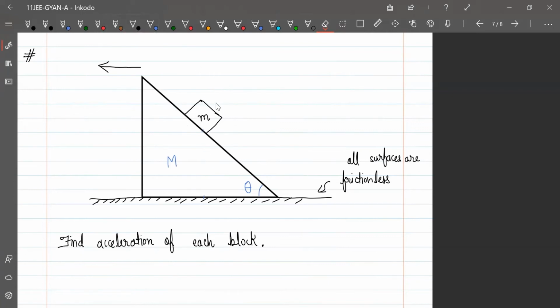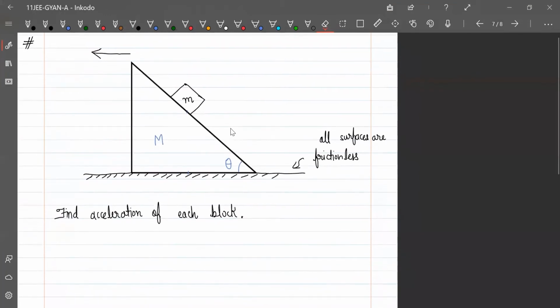It is not just going down the incline. So draw the FBD and try to figure out what will be the acceleration of each block. Let me call the acceleration of the bigger block A1, and the acceleration of the smaller mass A2. Pseudo force might be helpful here. So let's try your way out for this question.